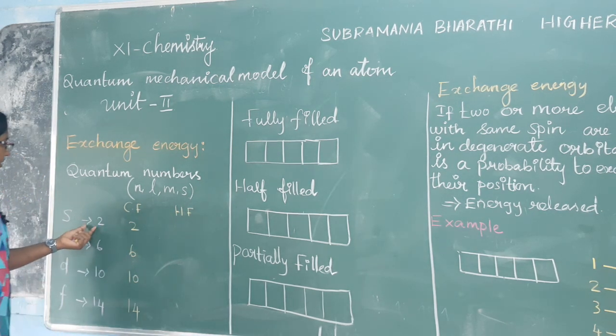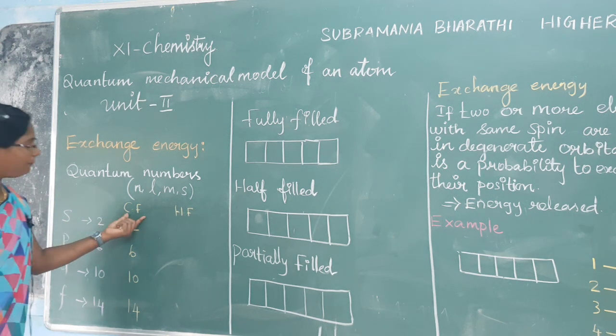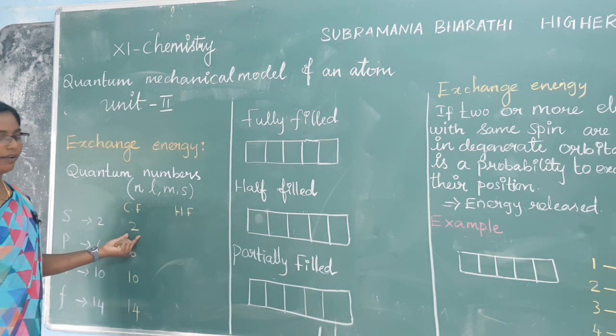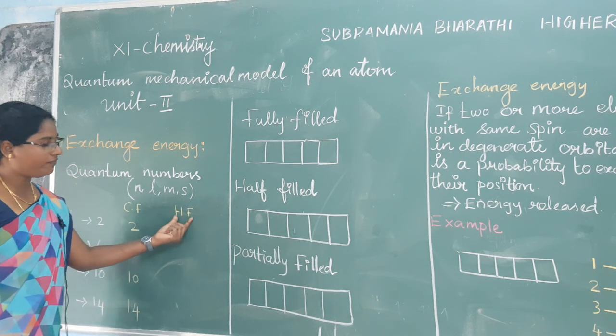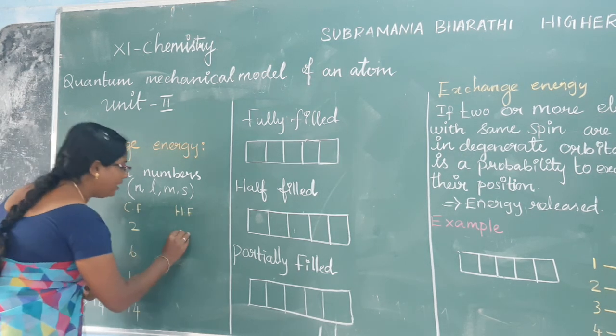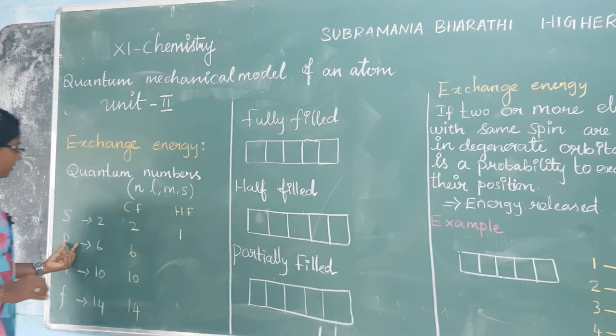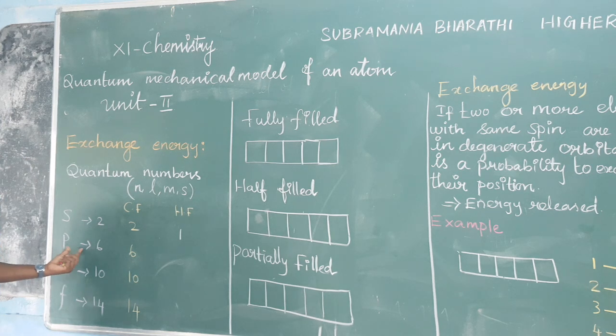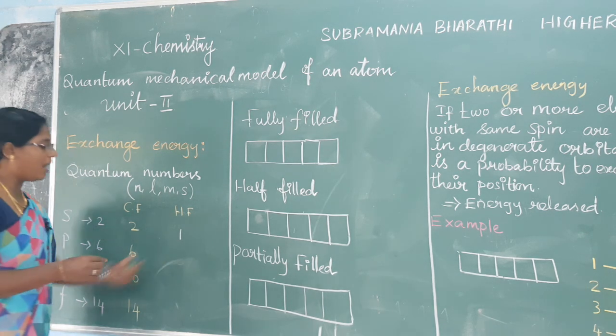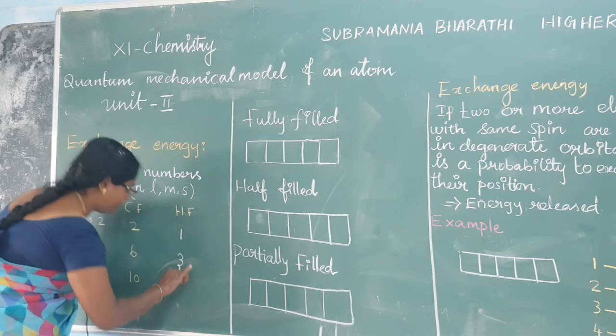For the s orbital, 2 electrons can be accommodated, so the completely filled orbital has 2 electrons. Half filled means we will have only 1 electron. For the p orbital, completely filled is 6 electrons and half filled means 3 electrons.